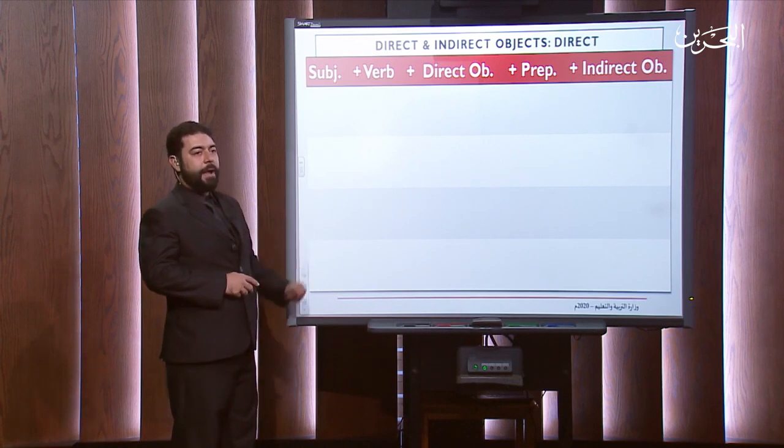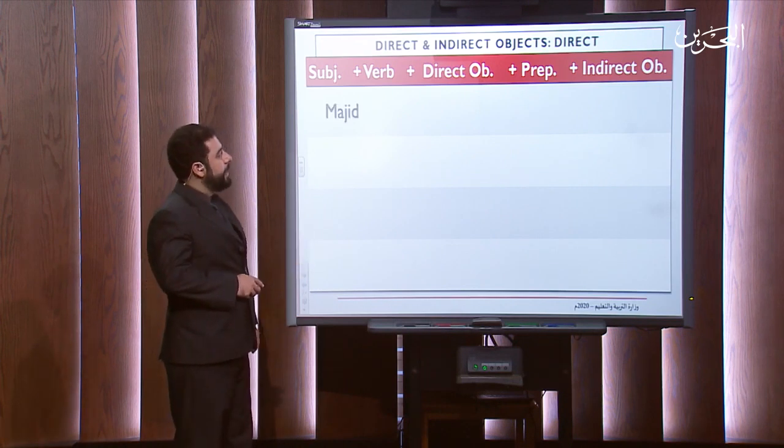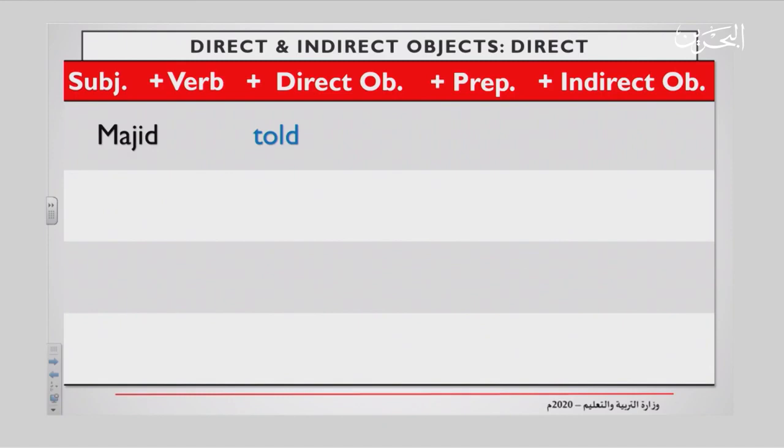Okay, let's see how the examples are. Majid told a story. You see, I started with the story now. To me. Now, I needed a preposition to switch them. Okay? Majid told a story to me. Now, I started with the direct object.